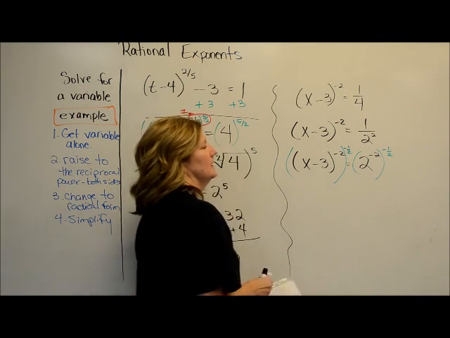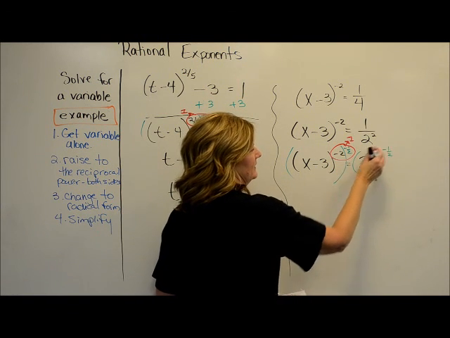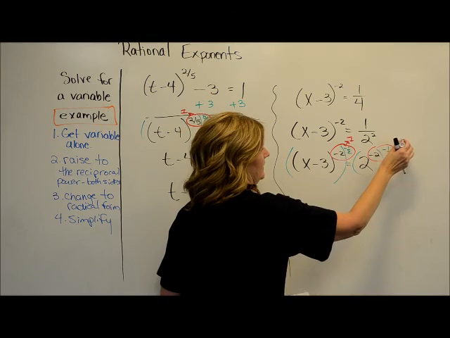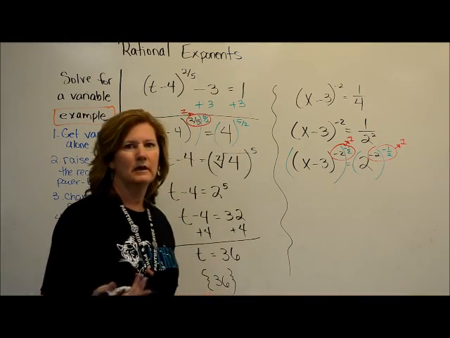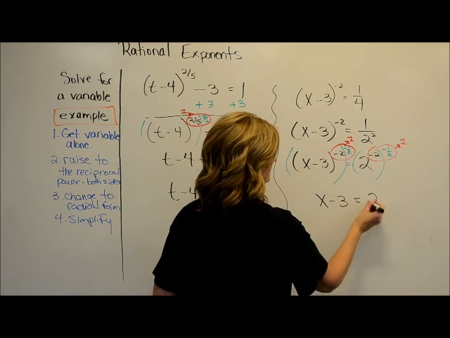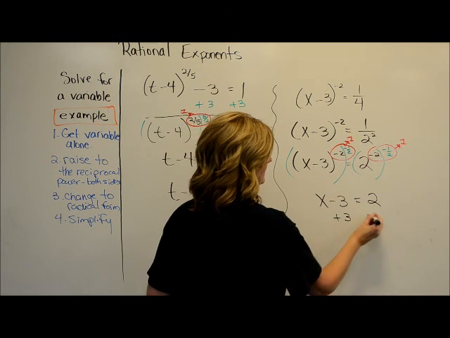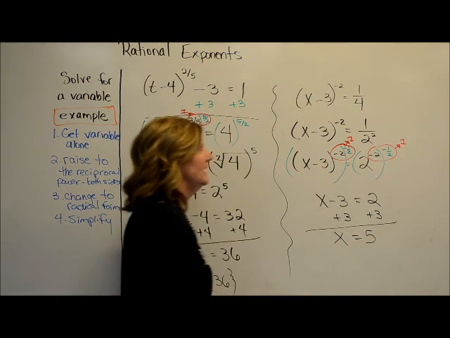This is going to go to 1. But what's this going to do? Well, you know what? That one just so happened to go to 1 also. So what I have then is x minus 3 equals 2. I'm going to add 3 to both sides, and I get x equals 5.